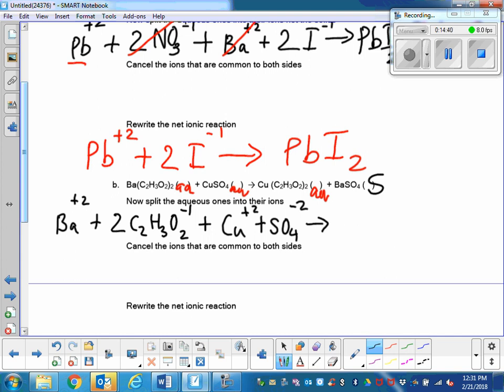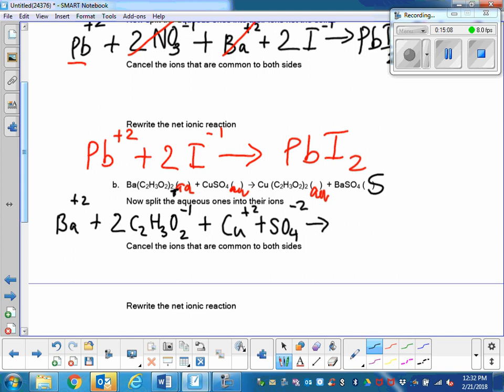Again, the next one is also AQ. Can I break that apart? Wait, I have a question. Don't you gotta break up the CH and the O? No. It stays together. That's a polyatomic ion, which we didn't memorize. Why did you write 2C2? Because there is a 2 outside. Do you see that? There are 2 of them. No, I don't see any 2C2.